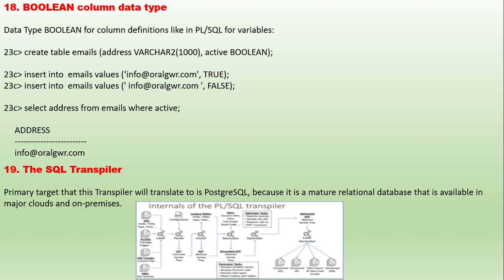Number 18, Boolean column data type. Data type Boolean for column definition, like in PL/SQL for variables. Create table emails (address varchar2(100), active Boolean). Insert into emails values ('info@lgwr.com', true).